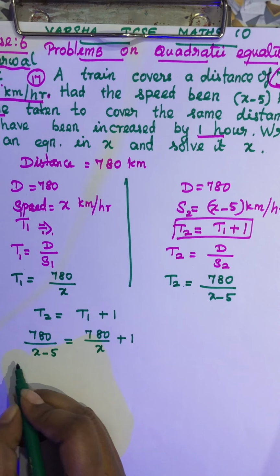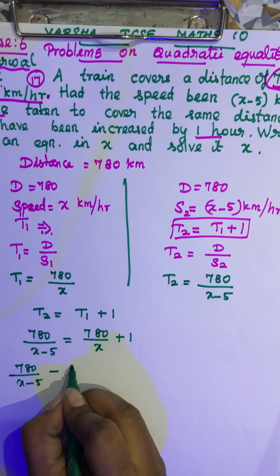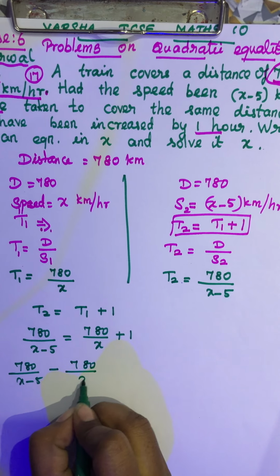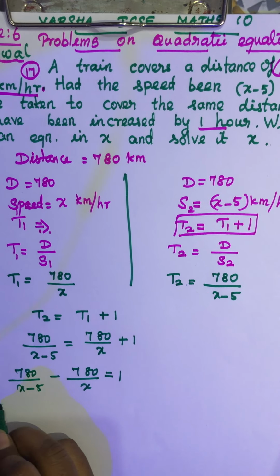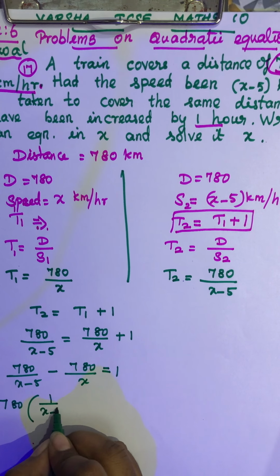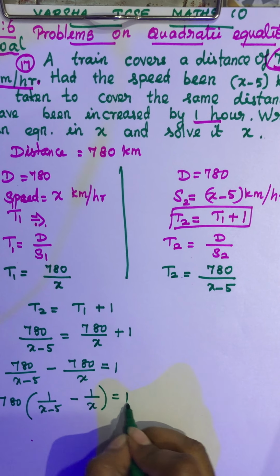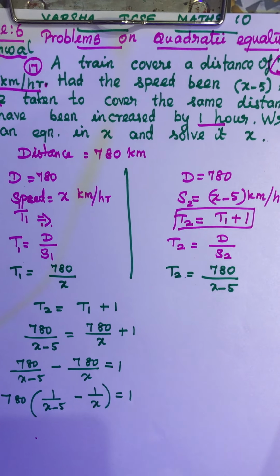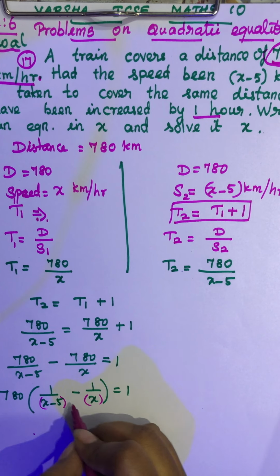So this fraction: 780 by 5, this is equal to 1. You can solve easily. Take your 780 outside: 1 by x minus 5 minus 1 by x equals 1 by 780. You can use the LCM method or cross multiplication; both are equal.